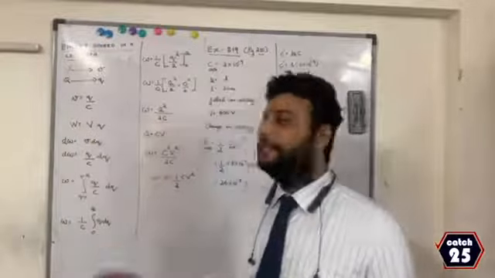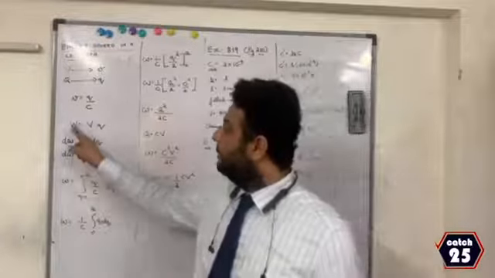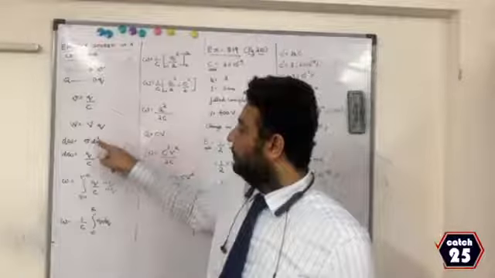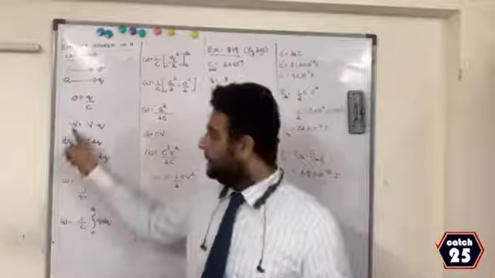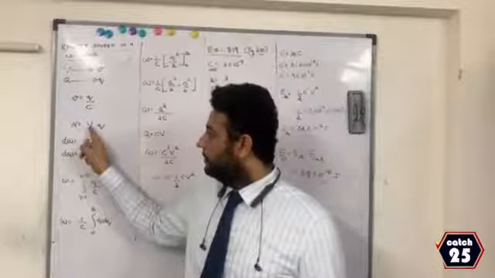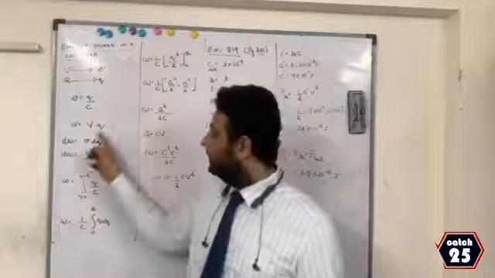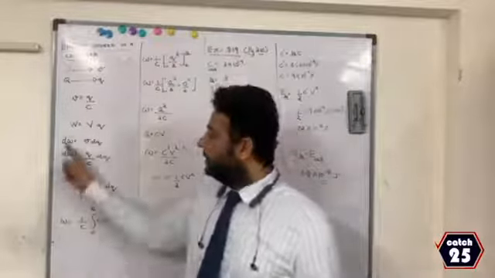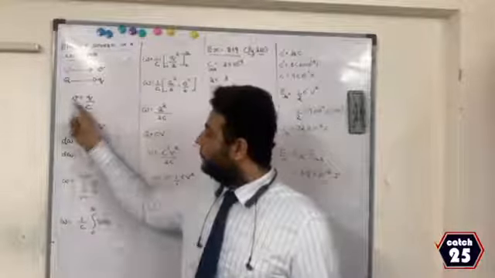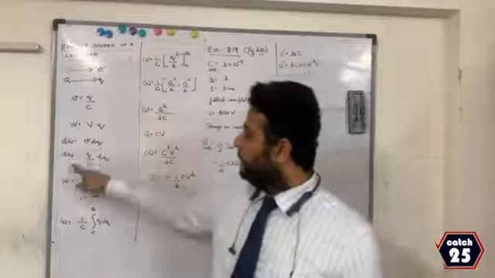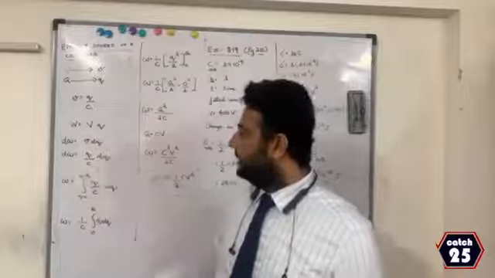Let me differentiate both sides. W will become dW, V will become small v, this final potential, this will be intermediate potential, Q will become dQ. Therefore, dW, instead of v, I will write q by C dQ.